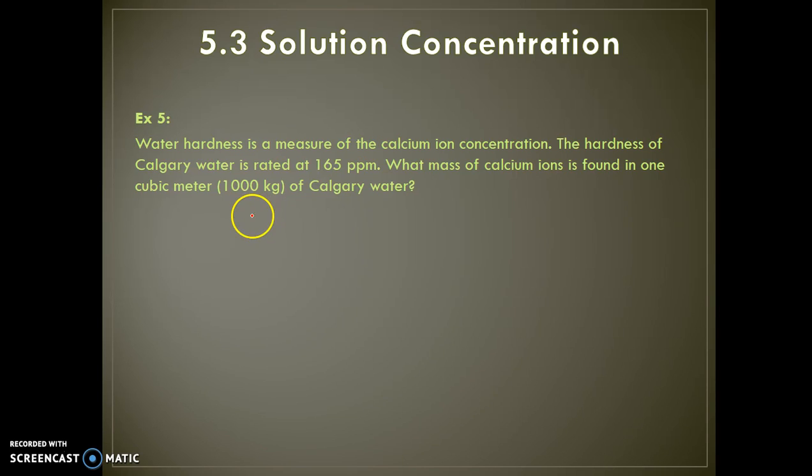So what we can do is figure out that 1 part per million is equivalent to either 1 milligram per kilogram or 1 milligram per liter. Now, because this question is asking me for the mass of calcium ions, and they give me a mass here, I'm going to assume that I'm using the units for 1 milligram per kilogram.